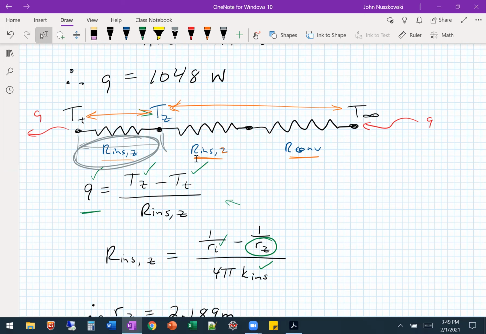Why wouldn't there be ice between T_z and T infinity, over the second resistance? Well, it's because it'd be above freezing. Because the temperatures from here over are above 0 degrees Celsius.